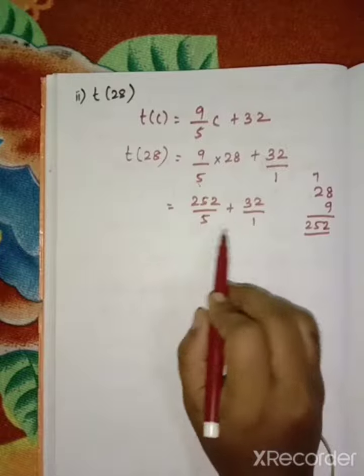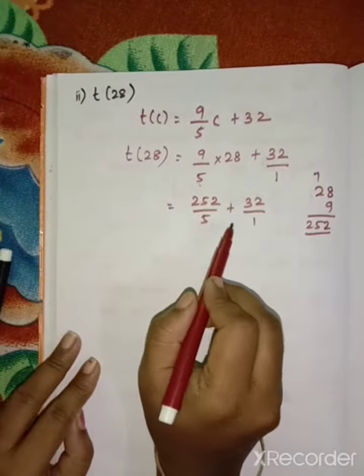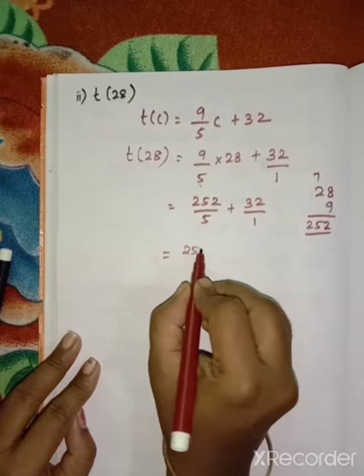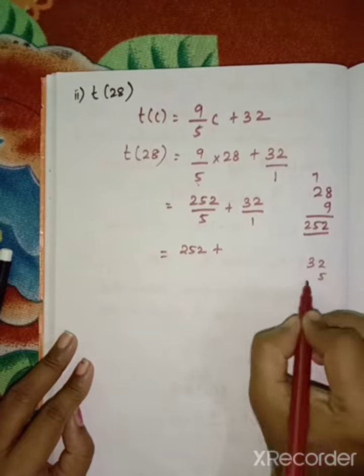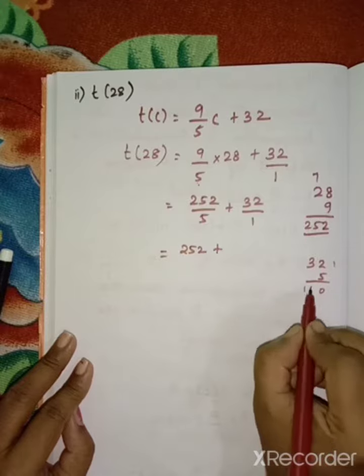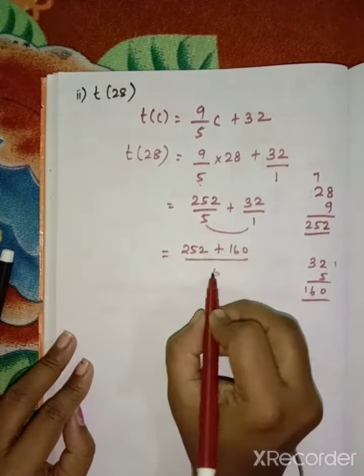So here the denominator is different, so we want to cross multiply. So 1 into 252, 252, plus 32 into 5. So 5 2s are 10. Balance 1. 5 3s are 15. 15 plus 1, 16. So 160 divided by 1, 5 is 5.